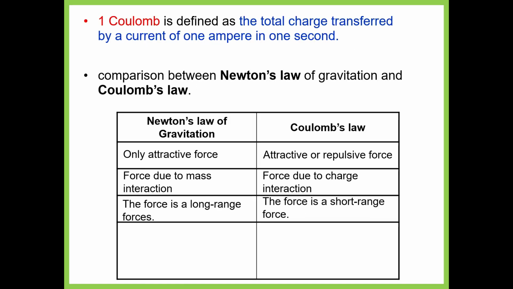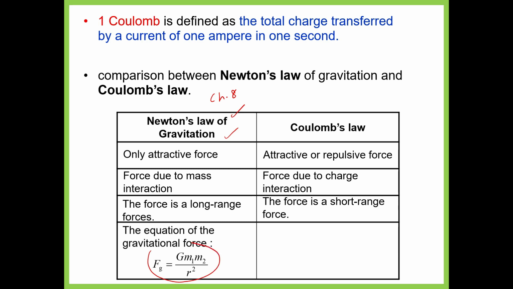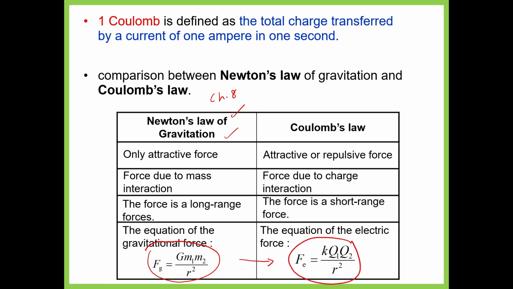To help us understand this chapter better, we can always compare it with chapter 8 of semester 1. I hope you can still remember. In chapter 8 we have Newton's law of gravitation with the equation F equals G m1 m2 over r squared. And for this chapter we have F equals k q1 q2 over r squared. We can see that there is a similar pattern between these two equations.